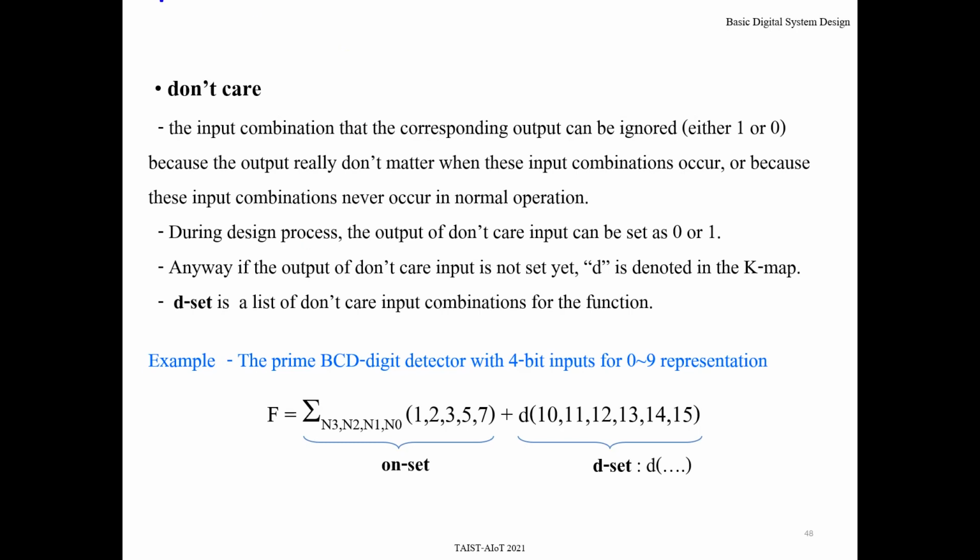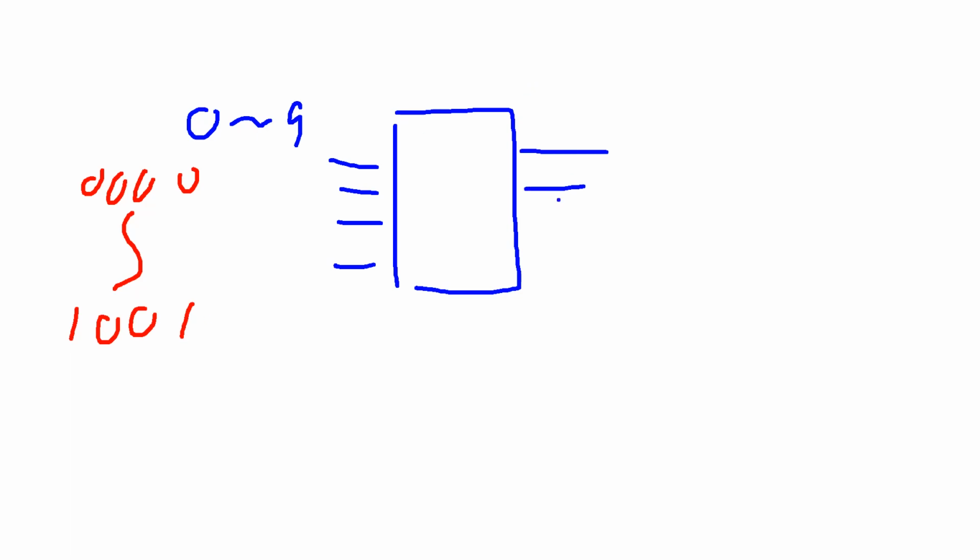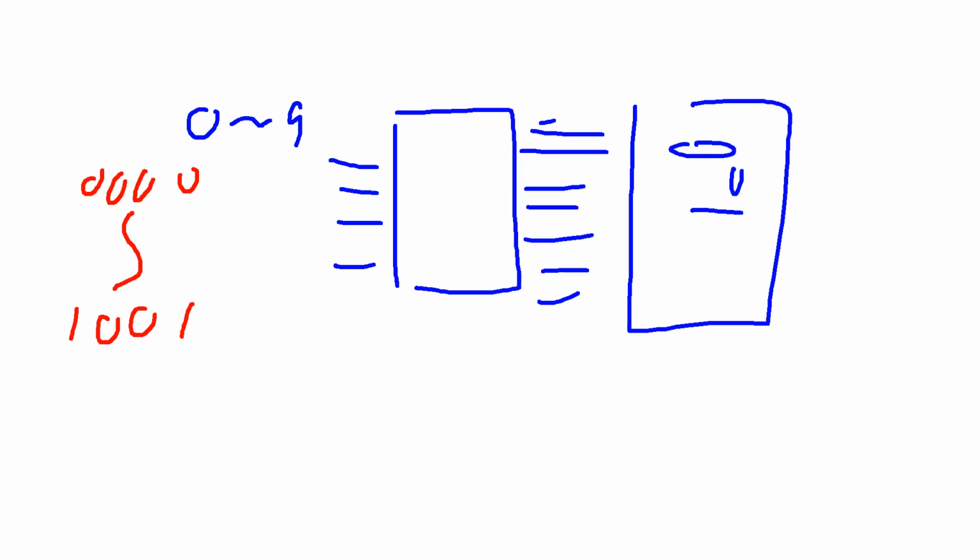For example, there is some circuit and your input may be from 0 to 9, or in binary 0000 to 1001, and this circuit will show the result, maybe connected to a 7-segment display to show the result as 1 or 2 or 3, something like that.